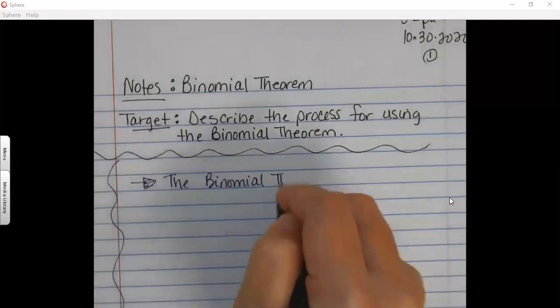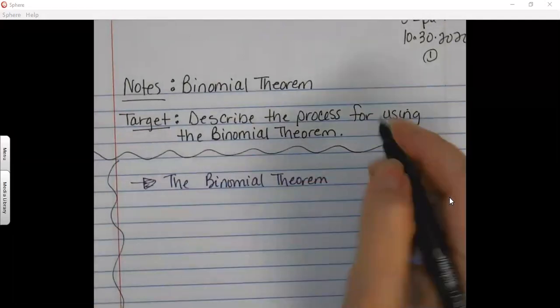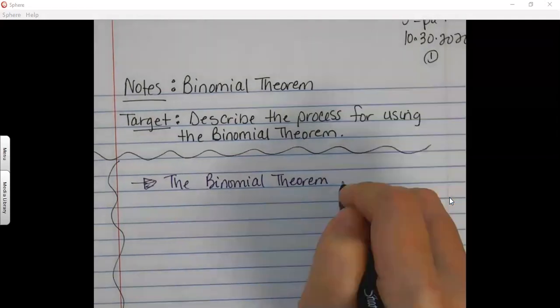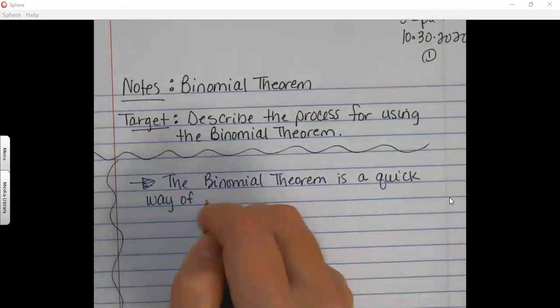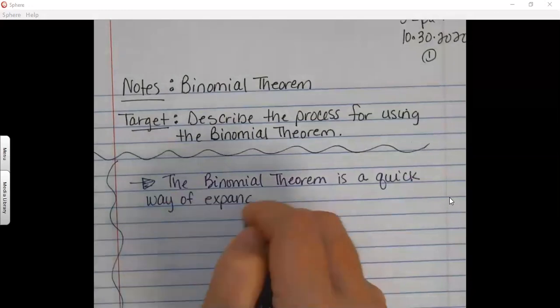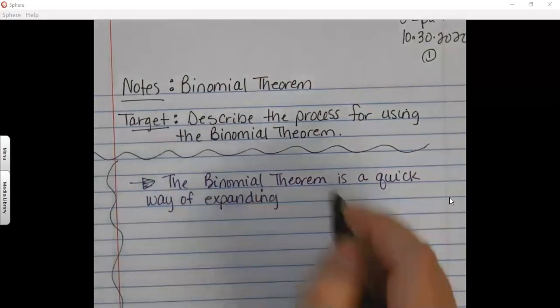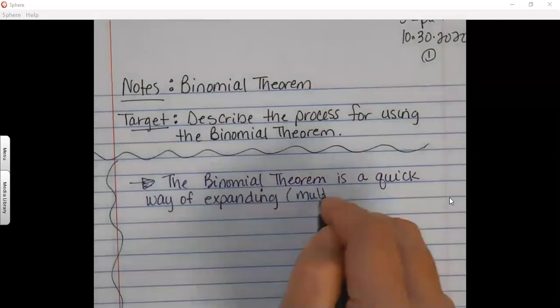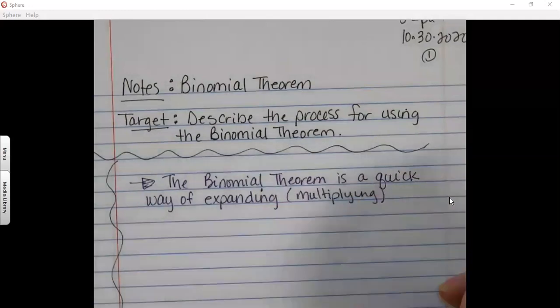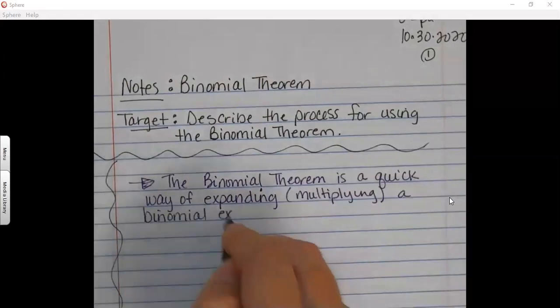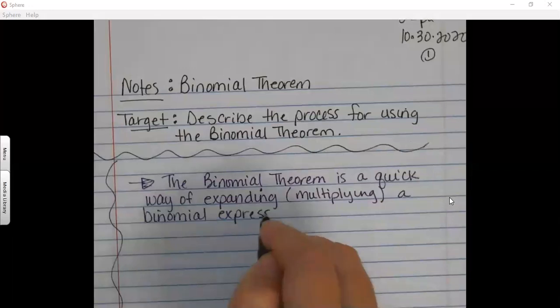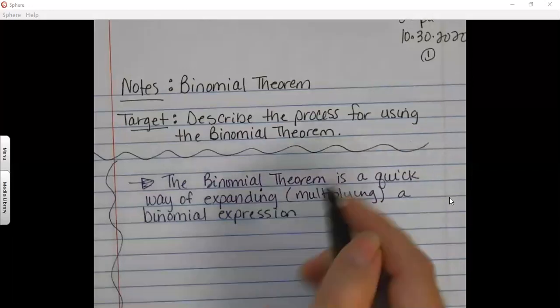is a quick way of expanding, and by expanding, I mean multiplying, a binomial expression that has been raised to some power.